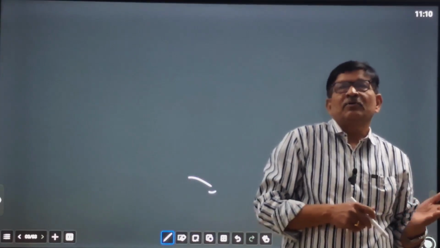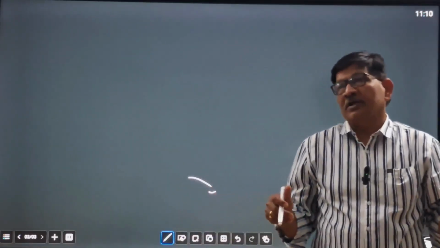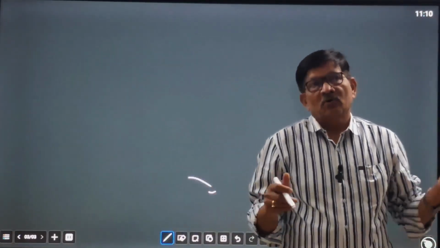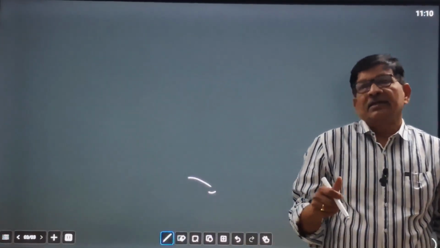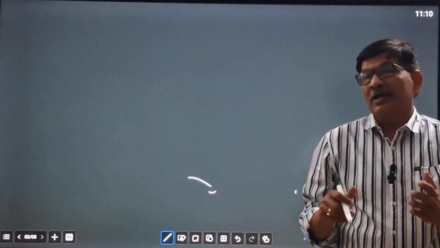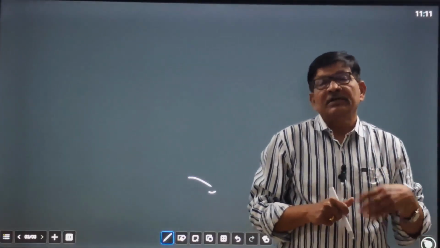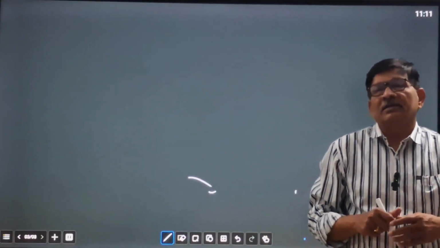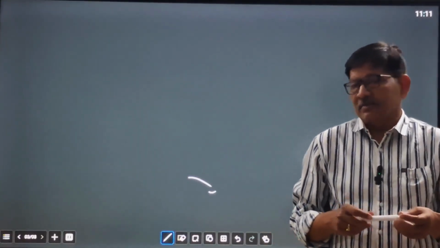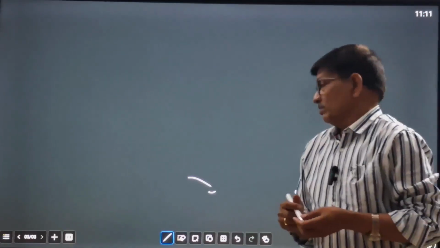For example, if you are going to install a power plant in areas where most of the time there are cloudy or rainy days, we can't go for Cherrapunji in the northeast, where most of the time there are rainy and cloudy days. So we have to study the maximum solar irradiance and the daily average solar irradiance falling on the horizontal surface. That is important, and that's why we are going to discuss it here.